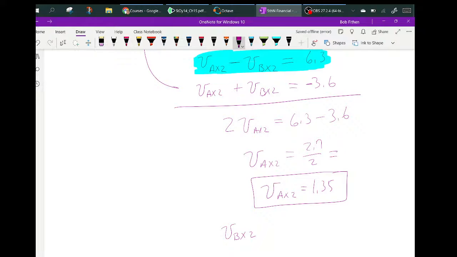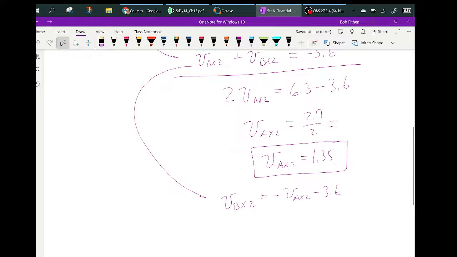If I take this one per se, it is equal to minus VAX2 minus 3.6, which would be minus 4.95.